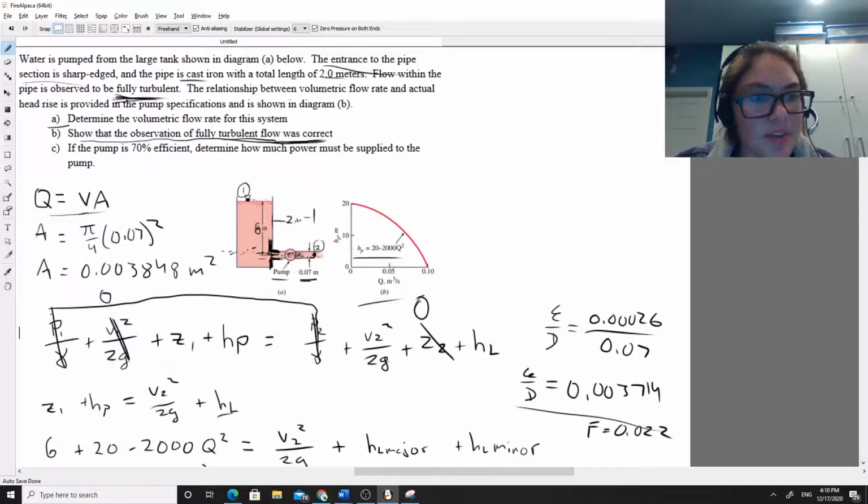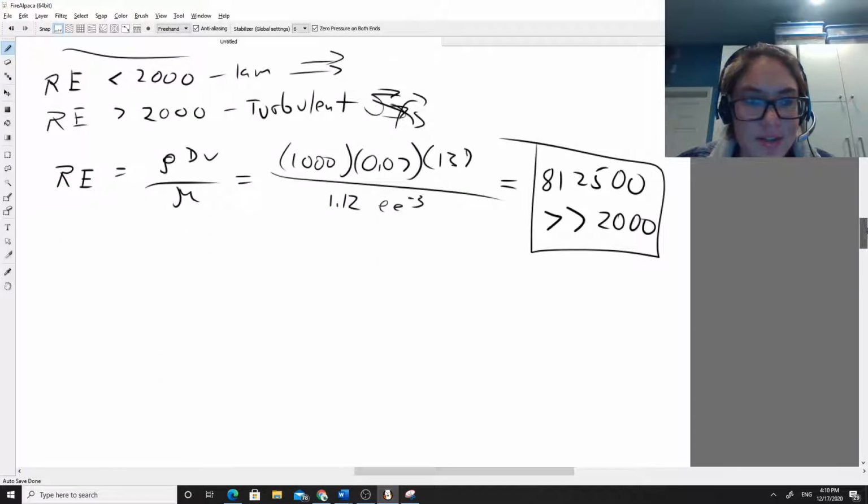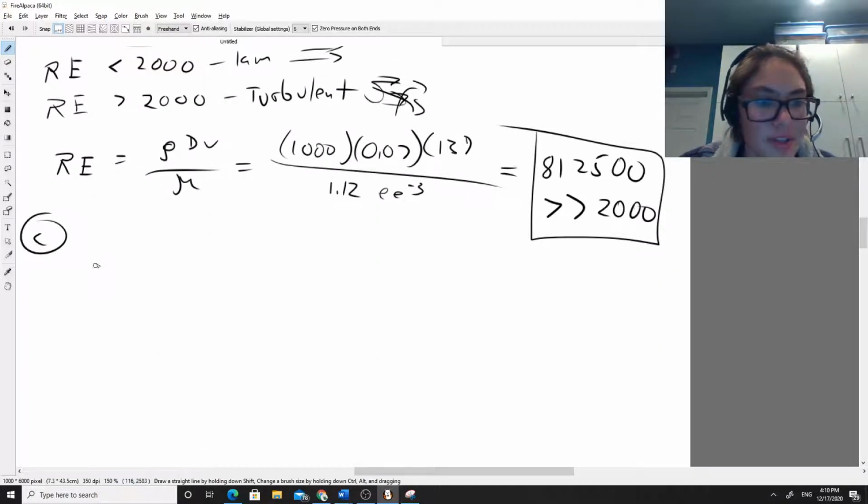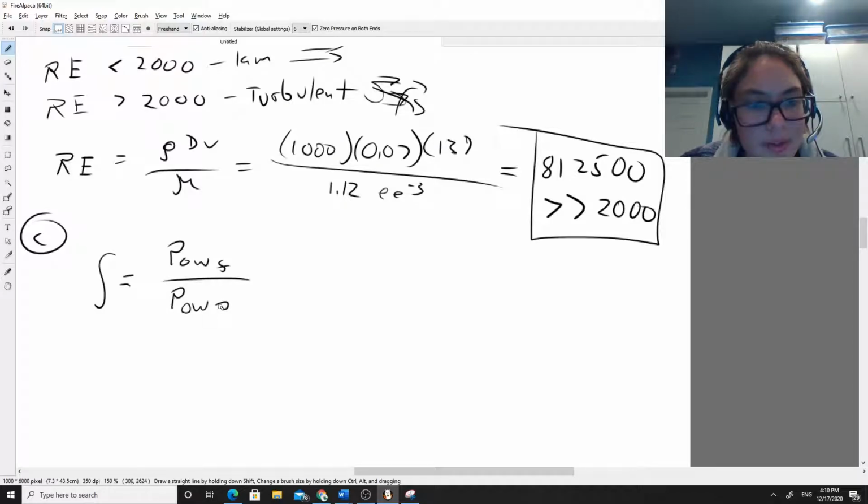If the pump is 70% efficient, determine how much power must be supplied to the pump. Okay, so when we talk about efficiency, we're talking about how much power gets put into the fluid divided by how much power it takes to operate the pump.